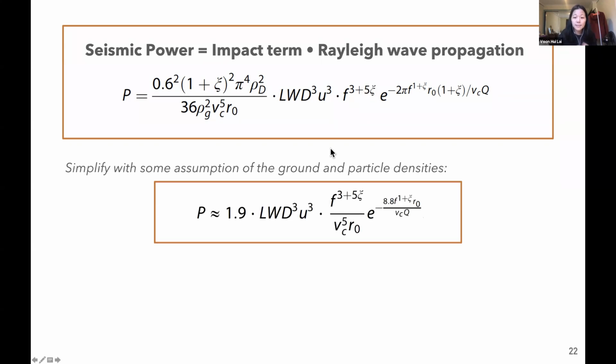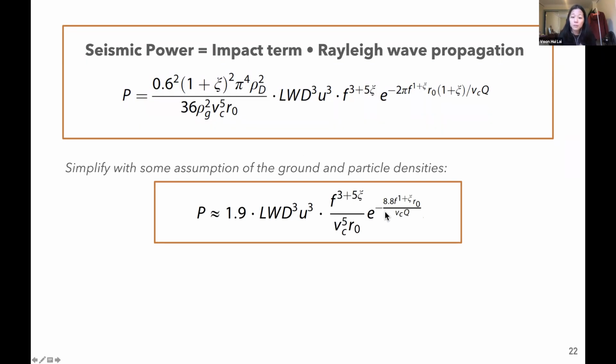And we can slightly simplify the equation with the assumption that the ground and particle densities are similar. So we can cancel out the densities here and get a slightly shorter equation.